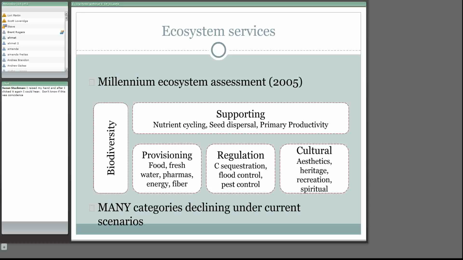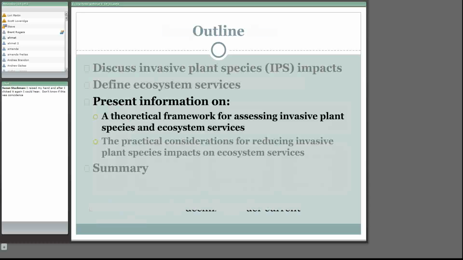So I'm now going to progress to the main part of this presentation, and talk about a theoretical framework for assessing invasive plant species and ecosystem services. A lot of this information comes from the symposium, so I've been taking some of this from the presenters there.